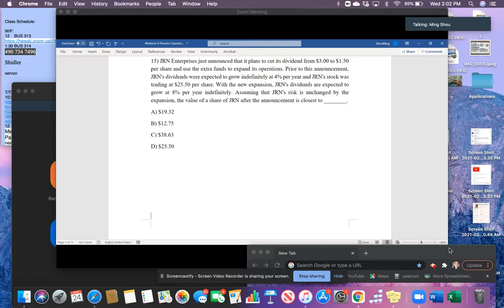So as we can see, after the announcement, the growth rate will equal 8% and it will grow indefinitely. As long as you find the word indefinitely, you should connect this with perpetuity, right? And we have a perpetuity formula to calculate the stock price. The stock price simply equals the first dividend divided by the difference between the discount rate and the growth rate.